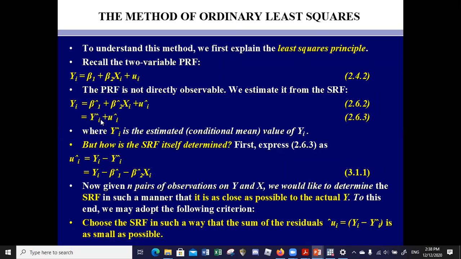The yi hat, the SRF. So in sample form, we can write yi equal to yi hat plus ui hat. And from this expression, we can say that ui hat, the residual, can be written as the difference between yi and yi hat.